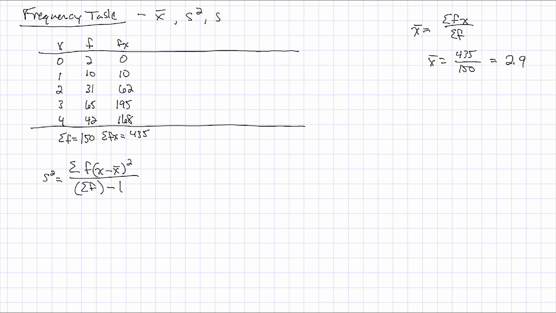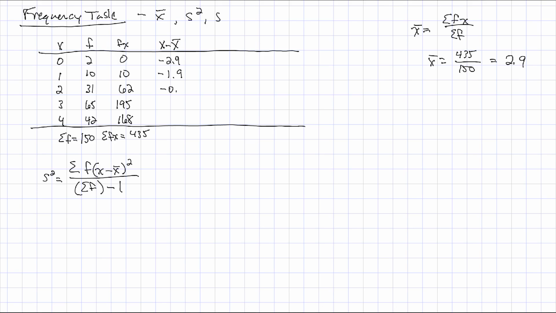So there are going to be a couple of new columns that we calculate to make the calculation by hand a little bit easier. First, I'm going to do the x minus x bar. And there's a pattern to this. My x bar is 2.9. 0 minus 2.9 is negative 2.9. And then 1 minus 2.9 is negative 1.9.